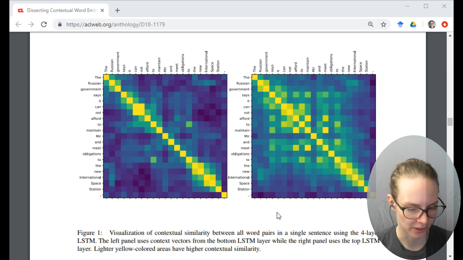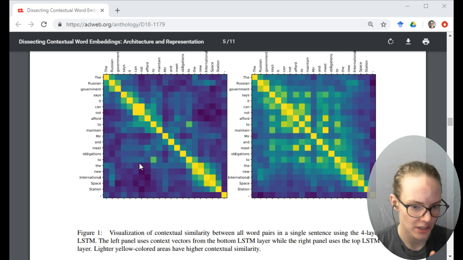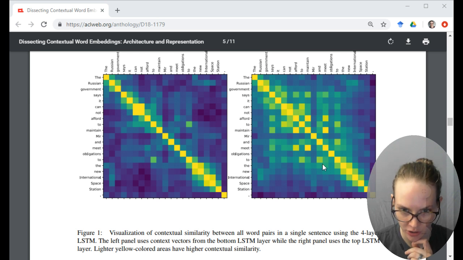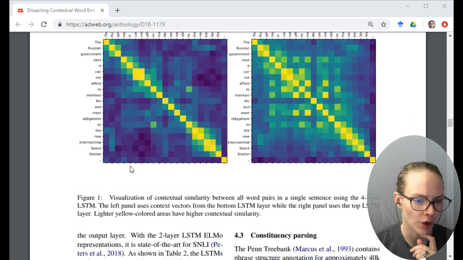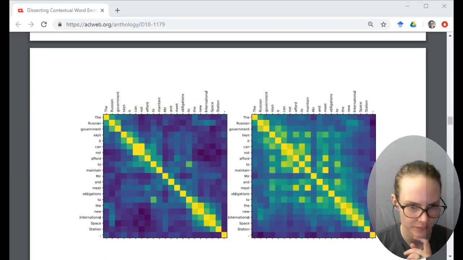The left panel uses context vectors from the bottom, so this is the bottom layer, and this is the top layer. They are suggesting that this layer is showing more constituency structure, and that this layer is showing more, what did they say it showed? Local information. Okay.